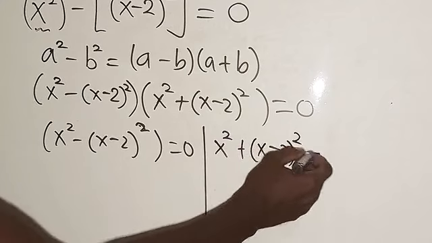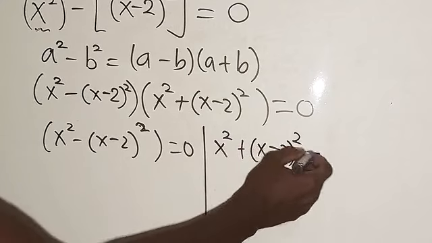How do we get that? We get that from when you have (a minus b) all squared. This will give us a squared minus 2ab plus b squared. That is a perfect square, so that is what we did here: (x minus 2) all squared. So this is going to give me x squared minus 4x plus 4.